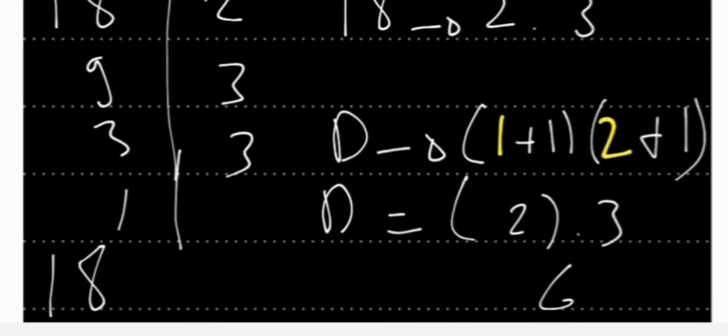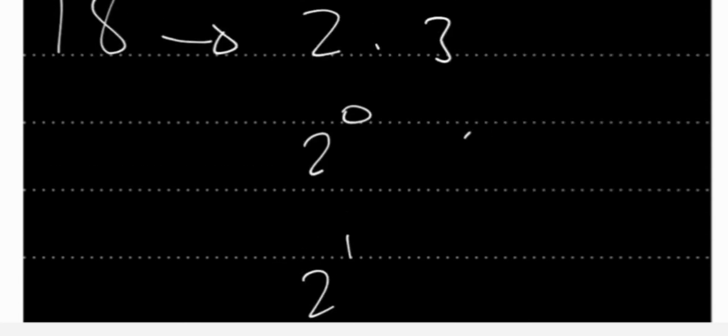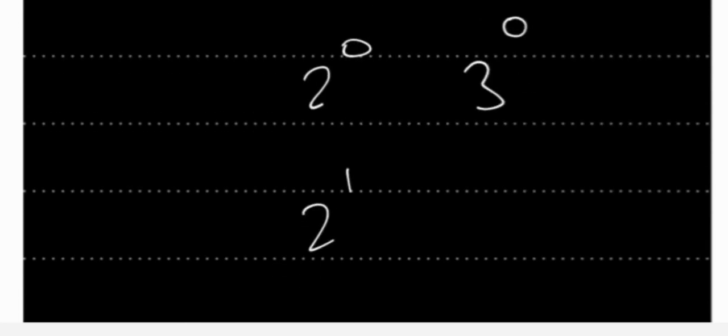Now again, why is this working? Because 18 is 2 multiplied by 3 to the second power, right? So you can represent all its divisors by 2 to the 0 and 2 to the 1, multiplied by 3 to the 0, 3 to the 1, 3 to the second.